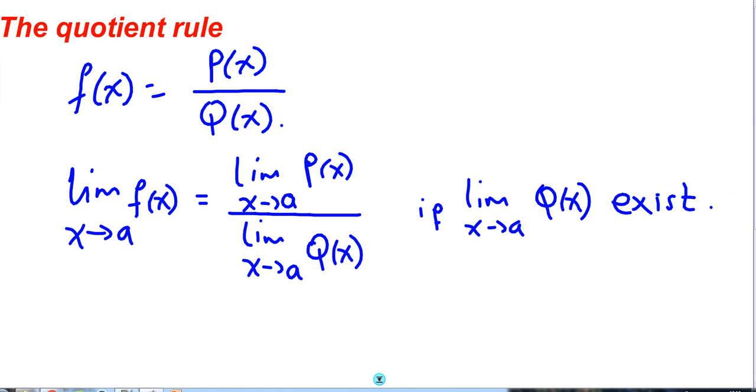If the limit as x approaches a of q of x does not exist, then you have to simplify the quotient before you find the limit.